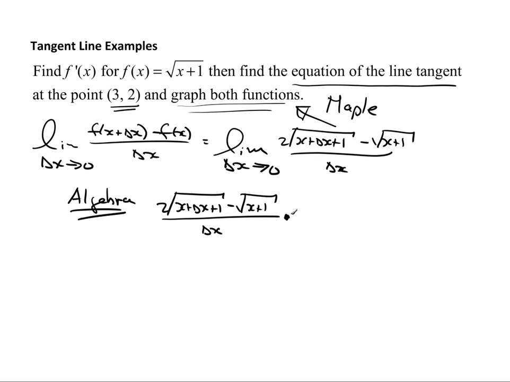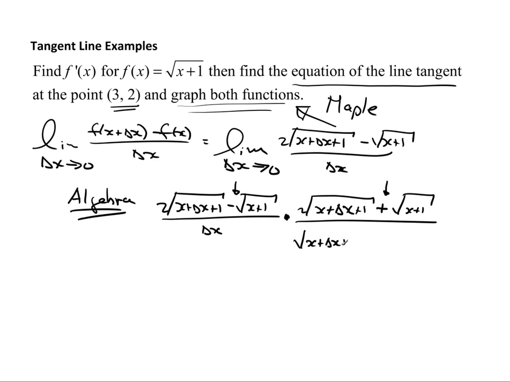And I'm going to multiply this by the conjugate, the square root of x plus delta x plus 1 plus, you notice this is a negative, so this could be a positive, plus the square root of x plus 1, all over the square root of x plus delta x plus 1 plus the square root of x plus 1. So what I just did is this right here is equal to 1. So all I did was I multiplied by 1.